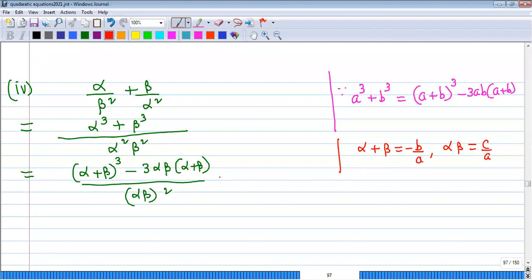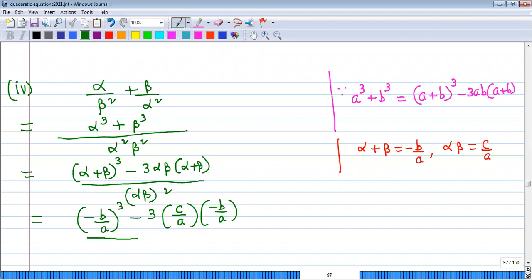So as to express it in terms of a, b, c, we have alpha plus beta is minus b upon a whole cube minus 3 times c upon a. This will be negative b upon a upon this will be c upon a whole square. So this needs to be simplified now. This will be negative b cube upon a cube.